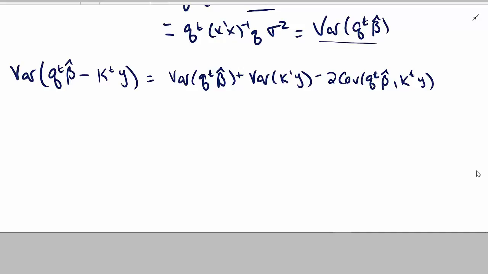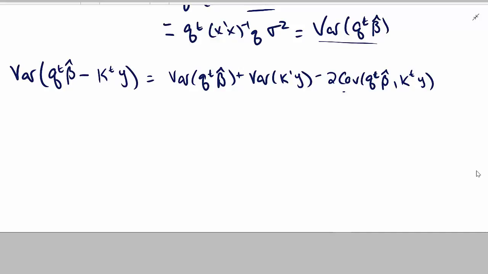Q transpose beta hat is a scalar, K transpose Y is a scalar, so the covariance of AB is the covariance of BA, because that is true when the quantities are scalars.